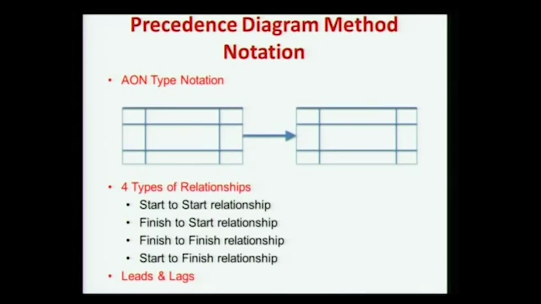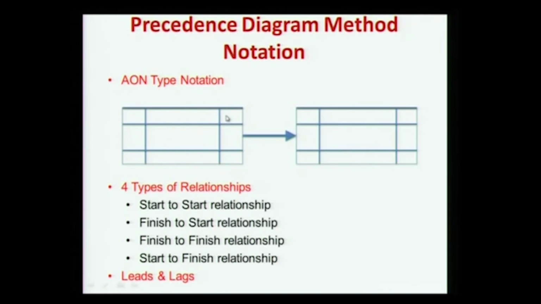Okay, so when we get into the basics of the precedence diagramming method notation, you basically have the AON type of notation. You can see that instead of the circle which we used for AON, you have a rectangle. You have the rectangle divided into various spaces, and these spaces can be filled with things like activity name, early start, early finish, activity number, late start, late finish, floats.